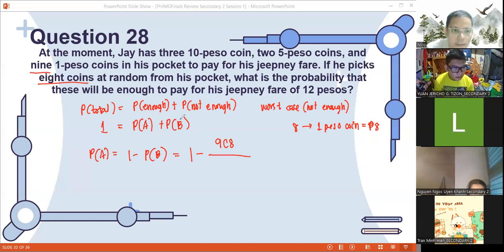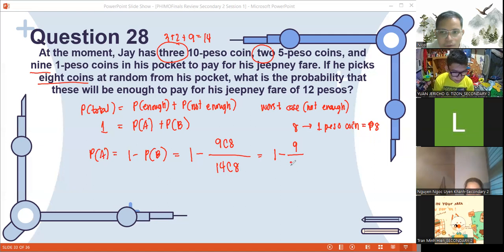And then, 3 plus 2 plus 9, a total of 14 coins. Out of 14 coins, you choose 8. Okay? So this is 1 minus 9 over 3,003. So the answer is 998 over 1,001.